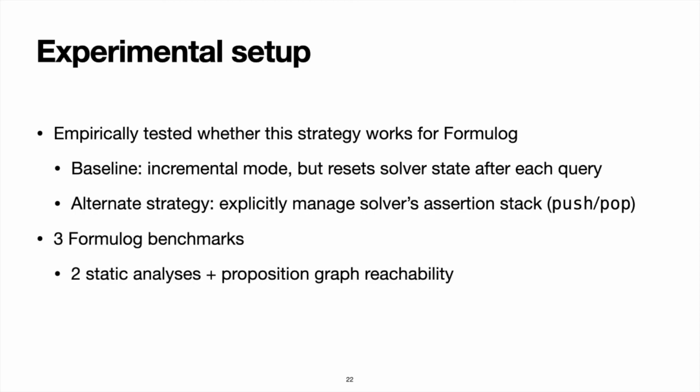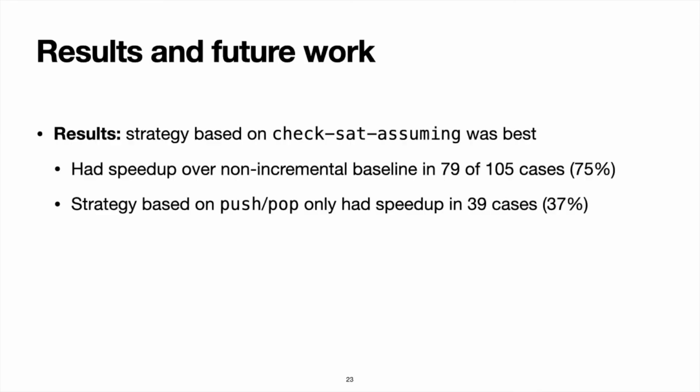We tested these strategies on 3 Formulog benchmarks and across multiple SMT solvers and SMT-LIB logics. Our results show that the strategy based on check-sat-assuming is by far the best. In our experiments, it had a speedup over the non-incremental baseline 75% of the time. In comparison, the strategy based on push-pop only had a speedup 37% of the time.